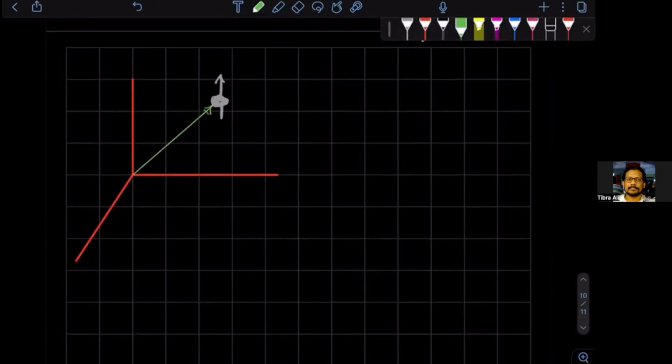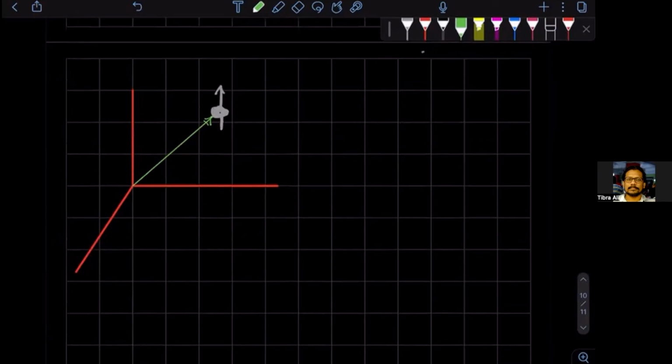Now, suppose that you just rotate your reference frame or the particle. You're not poking it with stuff, you're just rotating the whole system. And the new position of the system is given by the blue arrow. So there is some rotation that takes you from the green arrow to the blue arrow.